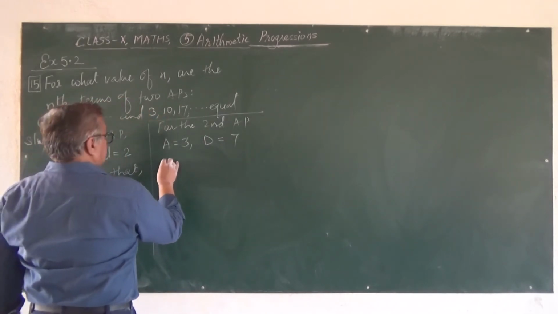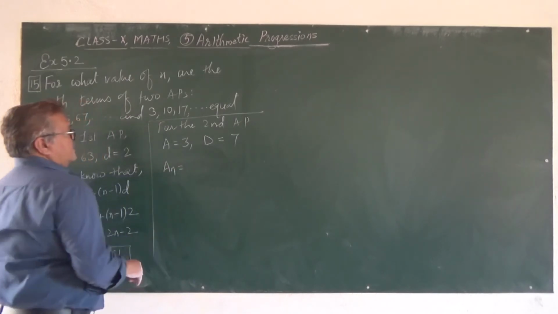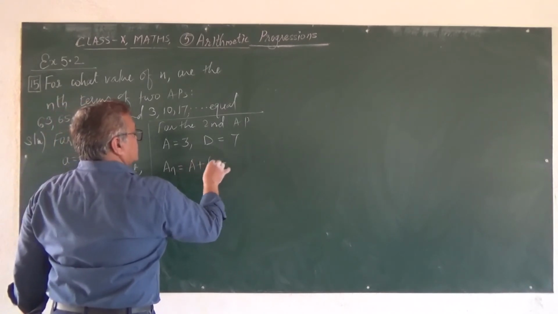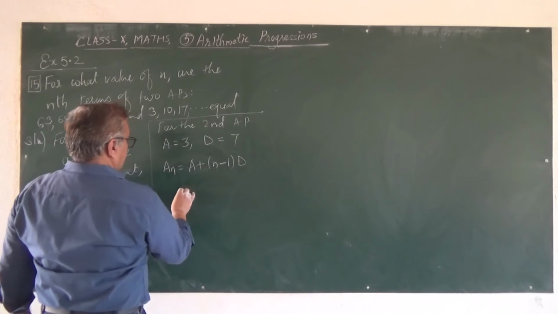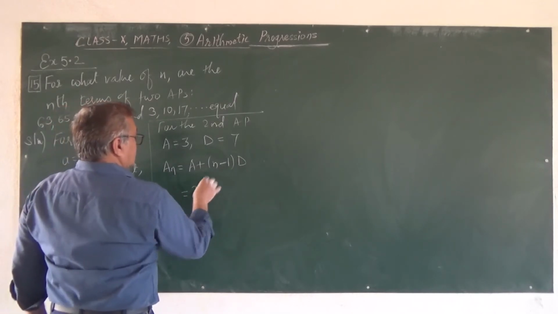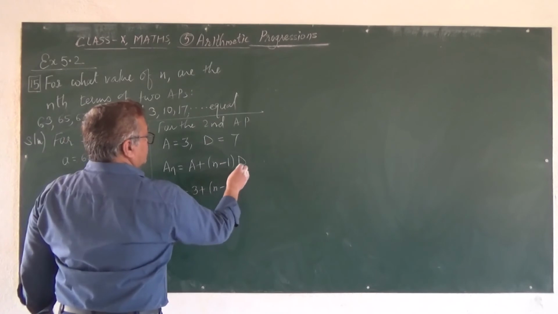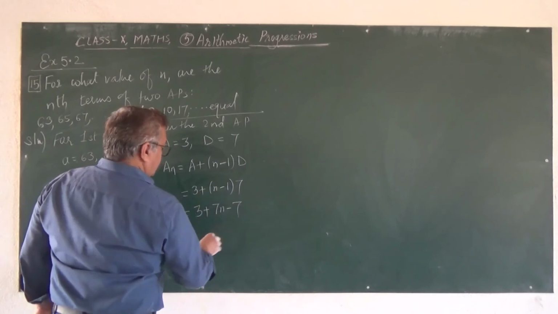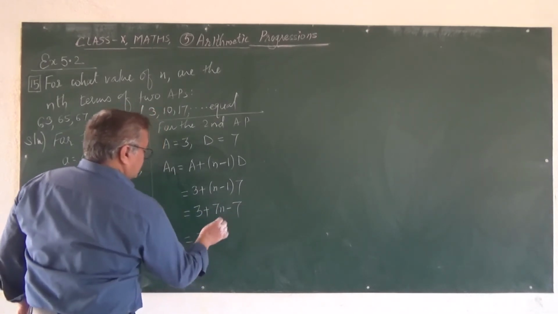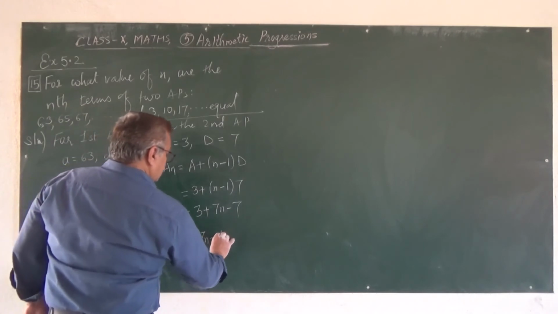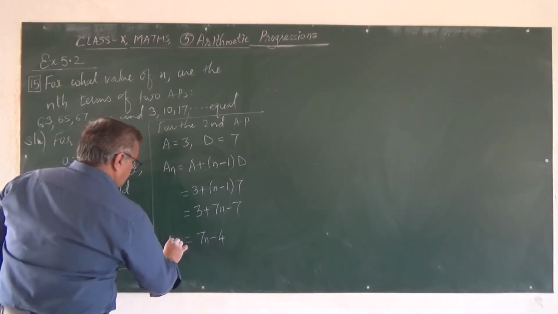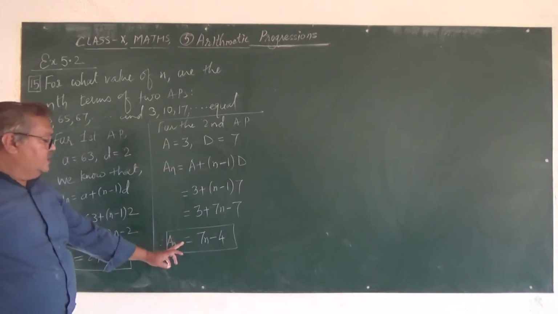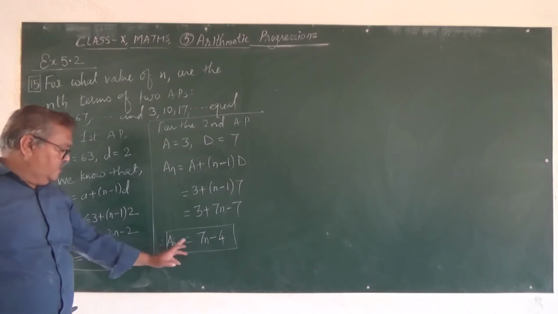The nth term is A plus n minus 1 into D. A is 3 and D is 7, so 3 plus 7n minus 7, that is 7n minus 4. Any term of this AP can be calculated using this equation.